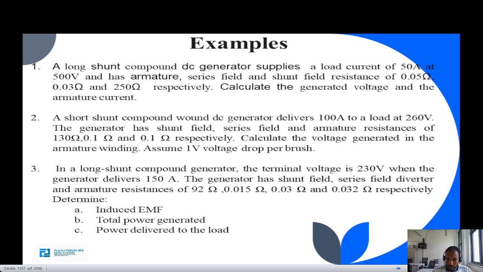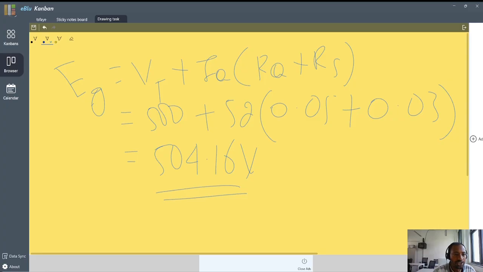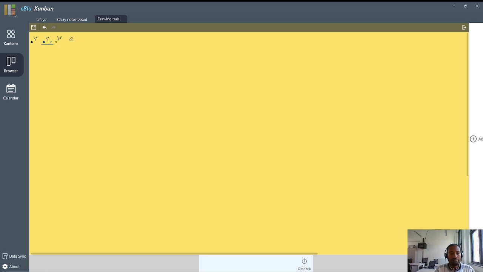So how do you attempt this? Similar to the previous fashion, we have to draw a circuit for the long shunt first. This is my EG. This is going to have a resistance and coil.